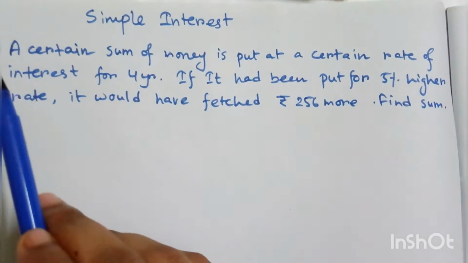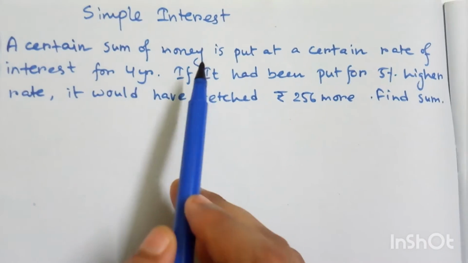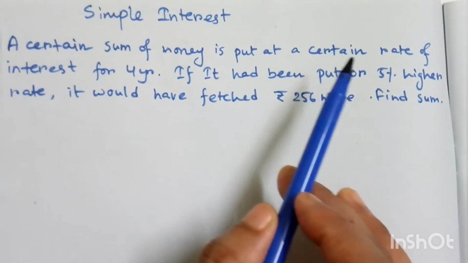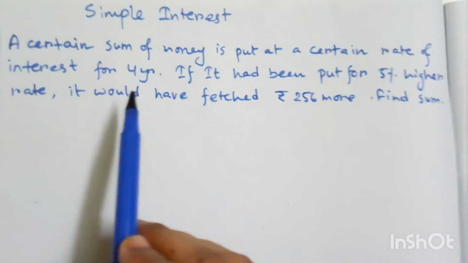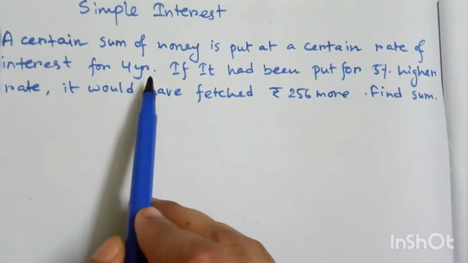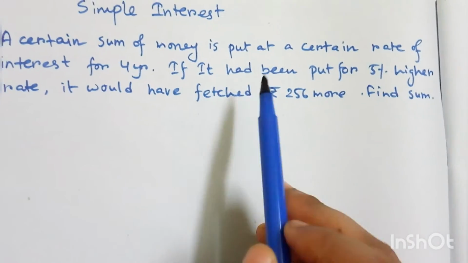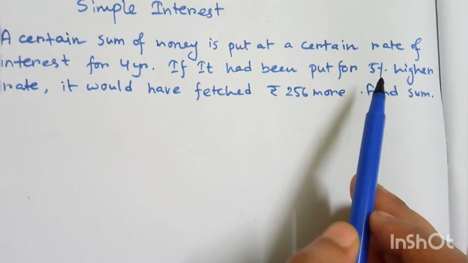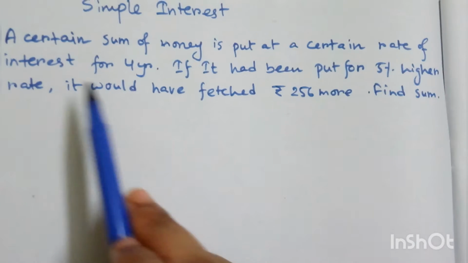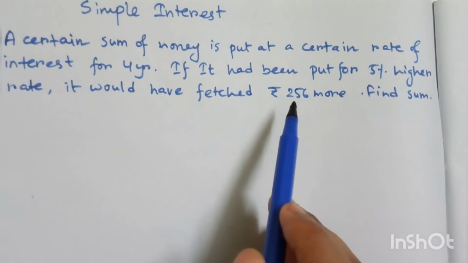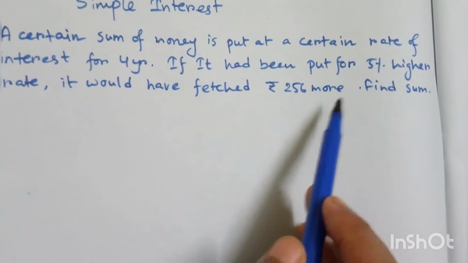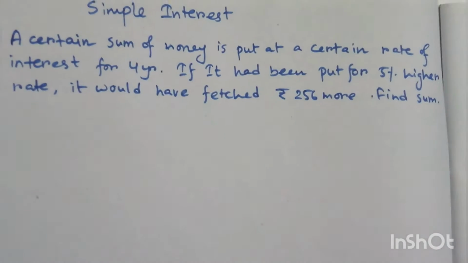So the first example: a certain sum of money is put at a certain rate of interest for 4 years. If it had been put at a 5% higher rate, it would have fetched rupees 256 more. Find the sum.